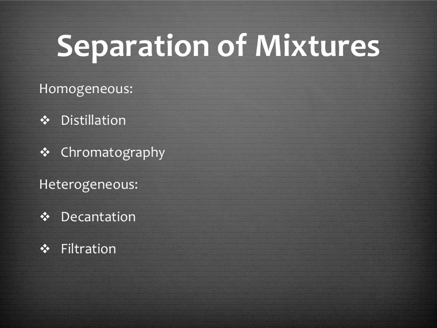Now, before I talked about being able to physically separate mixtures, and these are the methods you use to separate mixtures. It depends on homogeneous versus heterogeneous solutions. Now, distillation is the same as boiling substances. It utilizes boiling points.